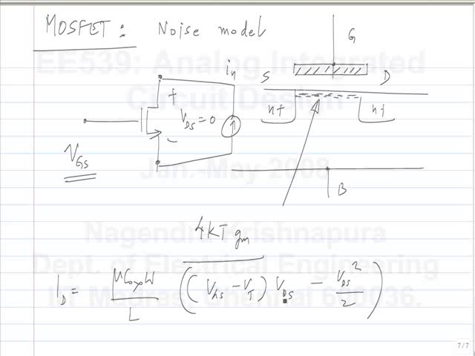If you calculate the GM, that is if you differentiate with respect to VGS, you get mu Cox W by L times VDS, and VDS is 0, right? Should be GDS. So it should be the conductance of this region. It is not GM. GM is 0 when VDS is exactly equal to 0. Is this clear?